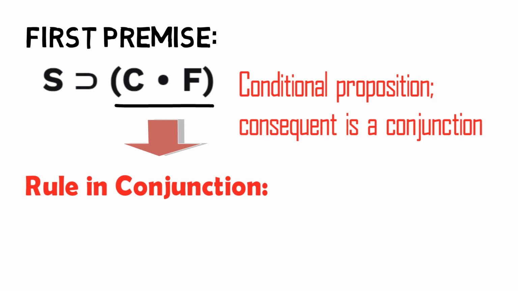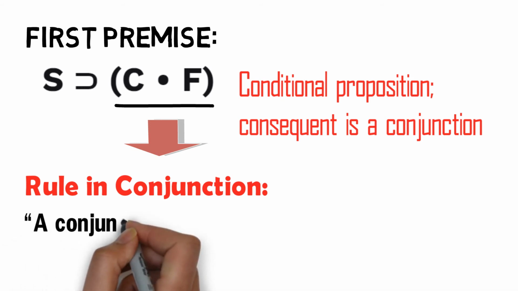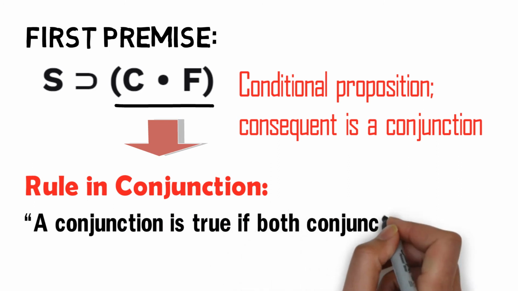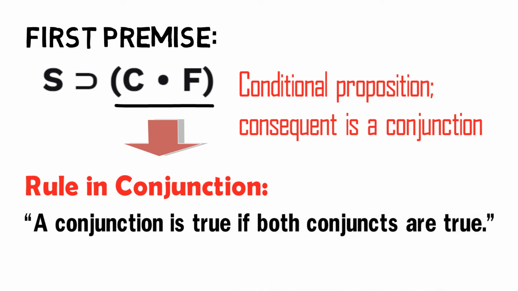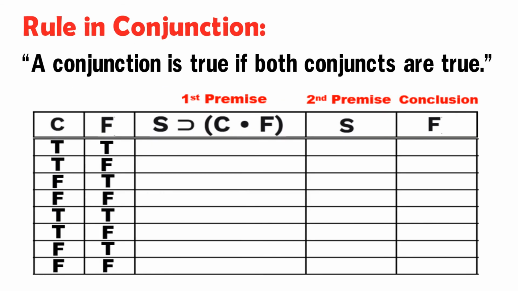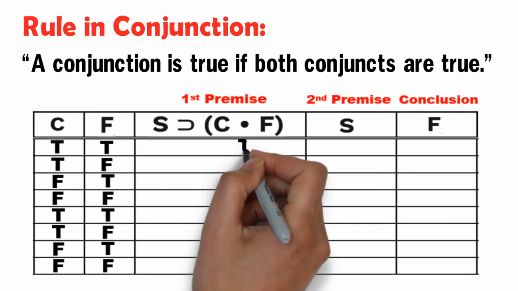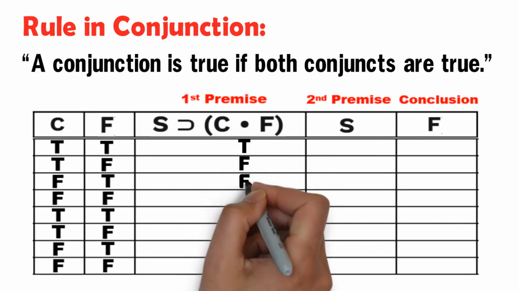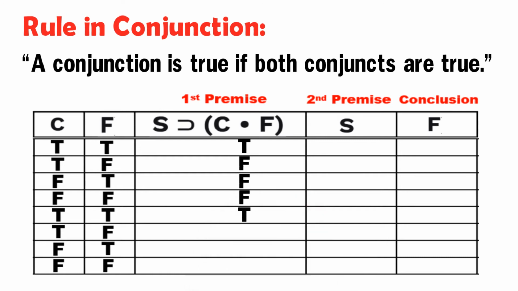Since the rule in conjunction says, a conjunction is true if both conjuncts are true, then the truth table will now partially look like this. Please note that in this truth table, I temporarily removed the column for S to avoid confusion, that is, in order to show that we are just using the values for columns C and F.